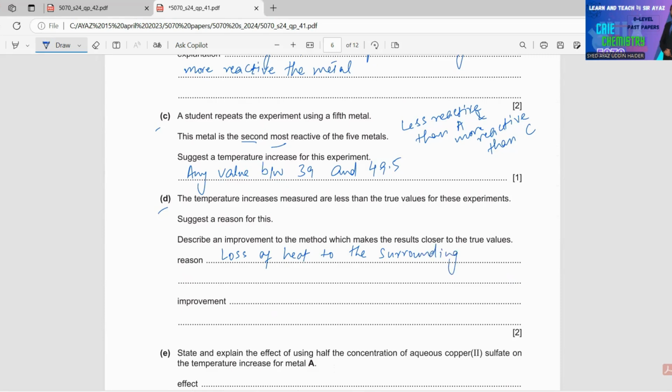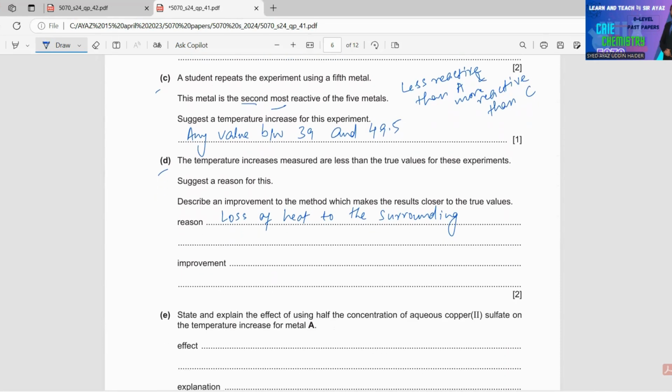In order to avoid this, we can use a polystyrene beaker, or you can have more insulation.